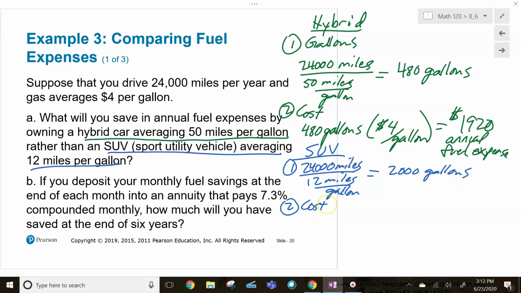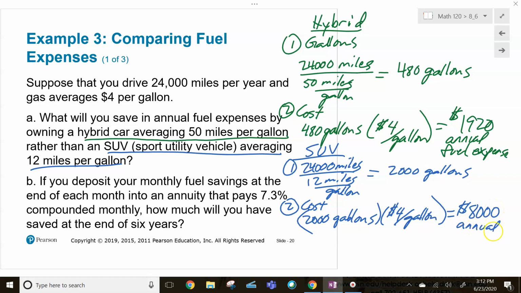So the cost would be the 2,000 gallons times, we're going to assume gas is $4 per gallon. I know it's way cheaper than that right now, but it's always changing. That's $8,000 to drive in fuel costs.